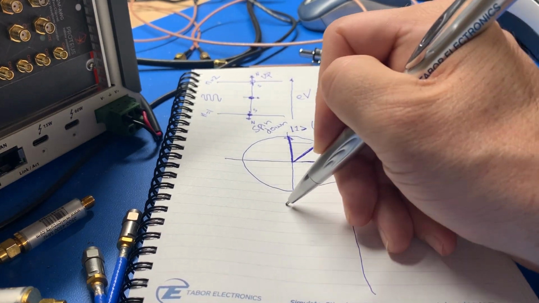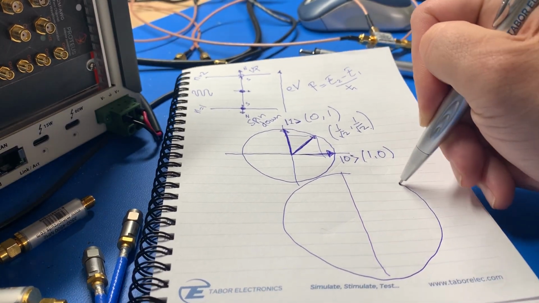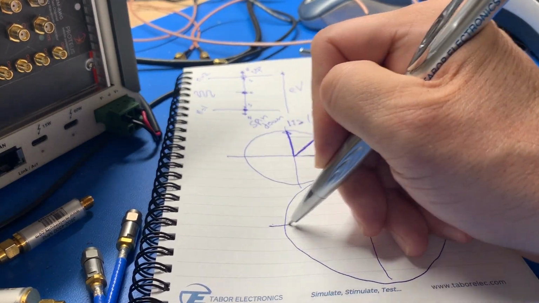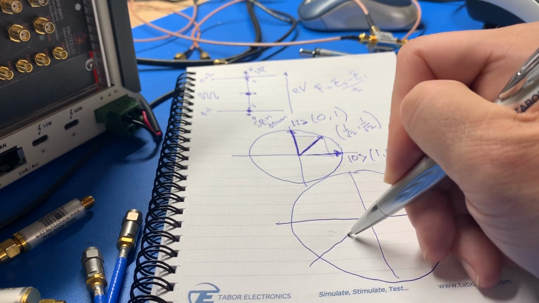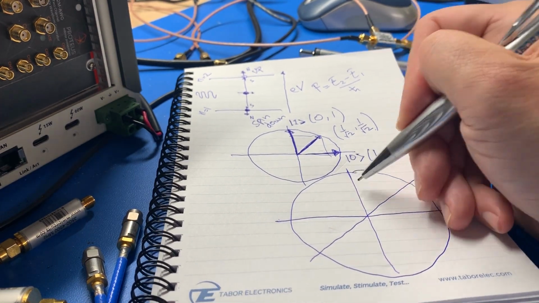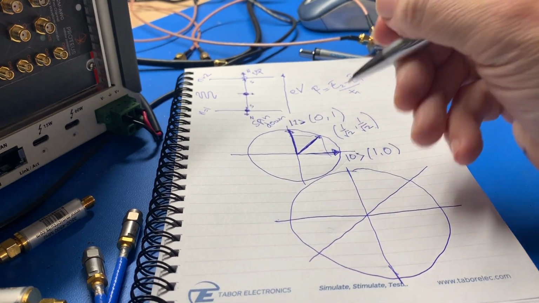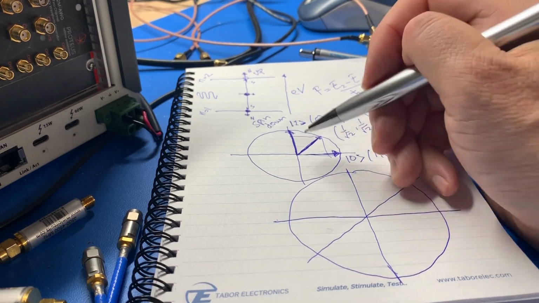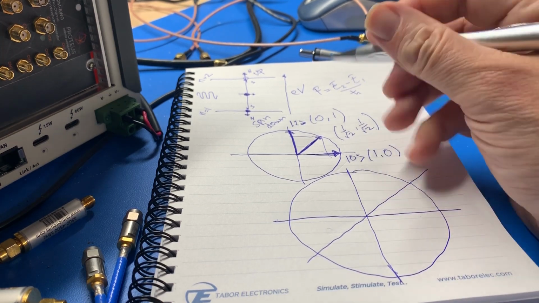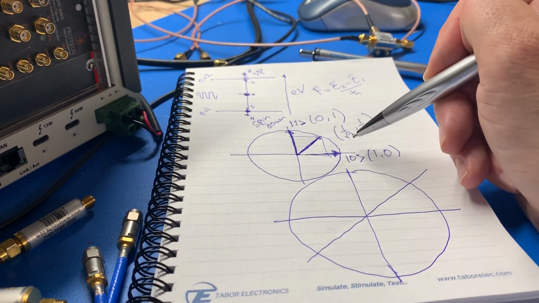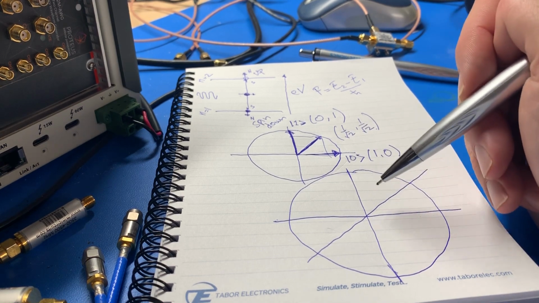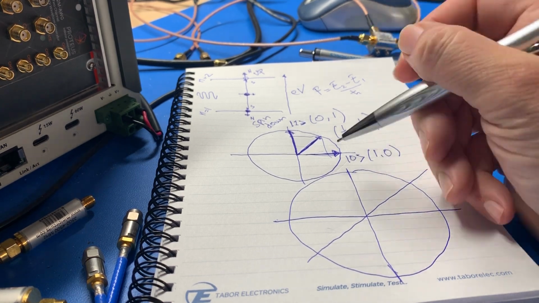So let me draw a circle like so. This is not a circle, it's a sphere. It has an x-axis, it has a y-axis, it has a depth, a z-axis. These are mathematically related, by the way, but this is where we're using more Cartesian coordinates. Here we use angles, and it's more of a polar system.